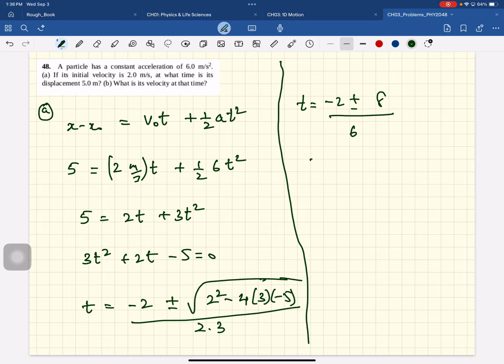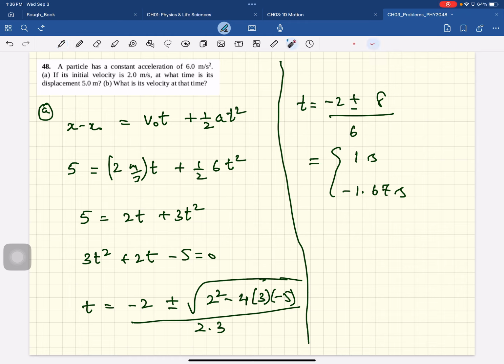Divided by 6. So that's 6 divided by 6 is 1 second, or minus 10 over 6, that is minus 1.67 seconds.